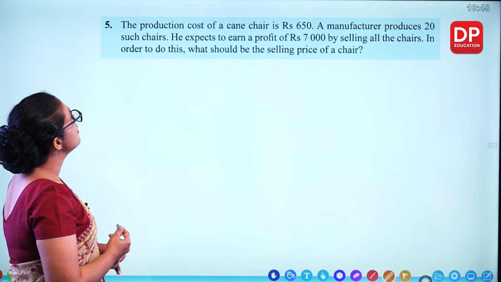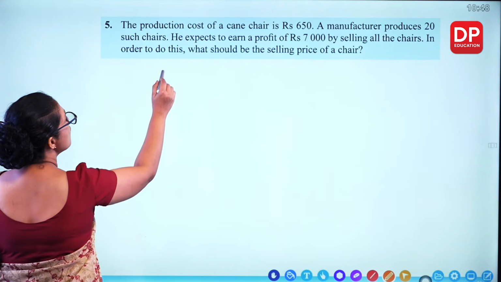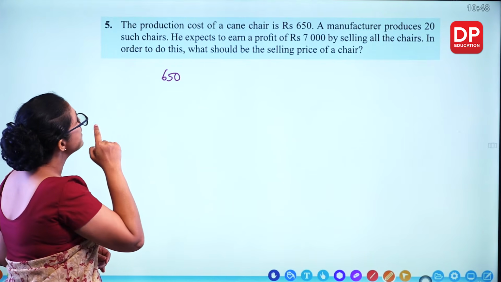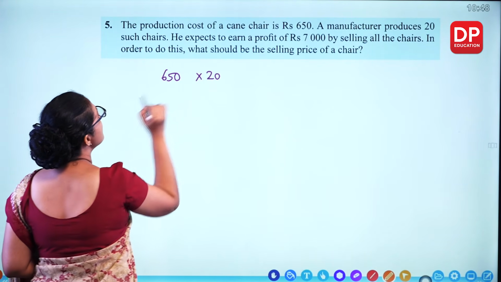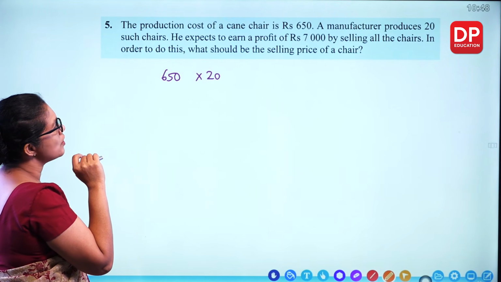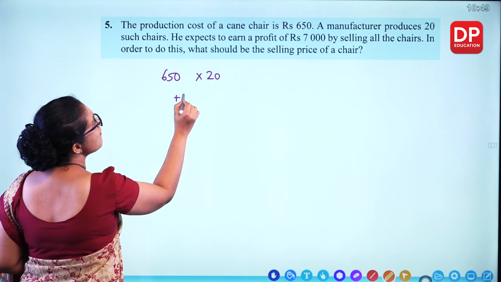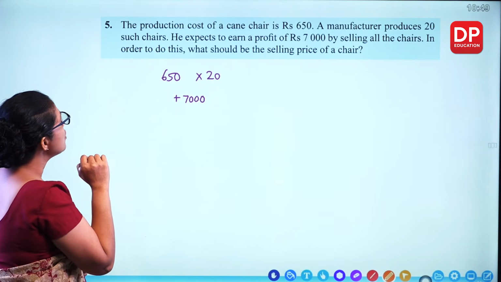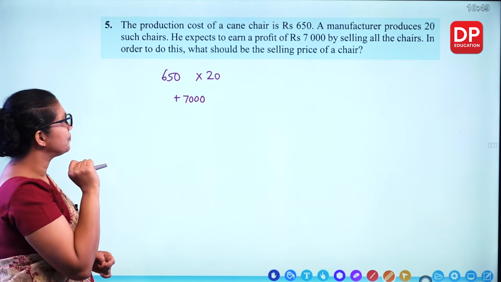Question number 5. The production cost of a cane chair is 650. A manufacturer produces 20 such chairs. He expects to earn a profit of 7,000 by selling all the chairs. In order to do this, what should be the selling price of a chair?